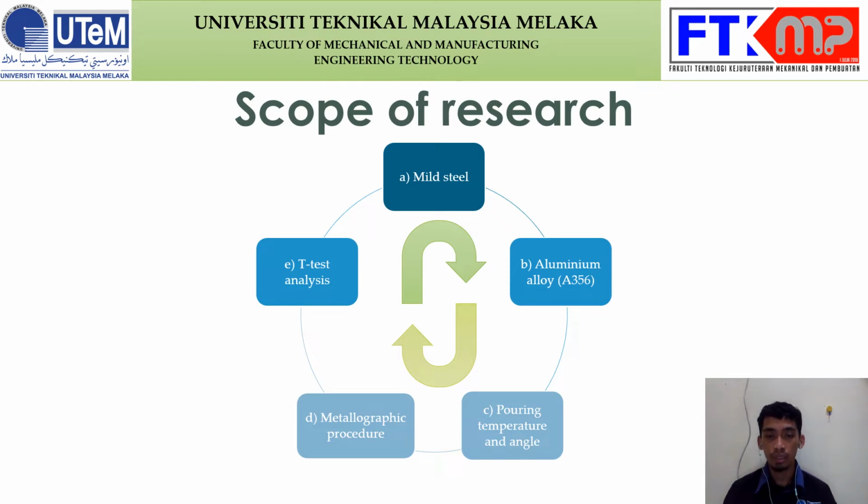The material that we use for casting is aluminum alloy with code A356. This A356 is heated in a furnace until it reaches a temperature of 700 Celsius. The pouring angle is 90 degrees before entering the single cavity mold.